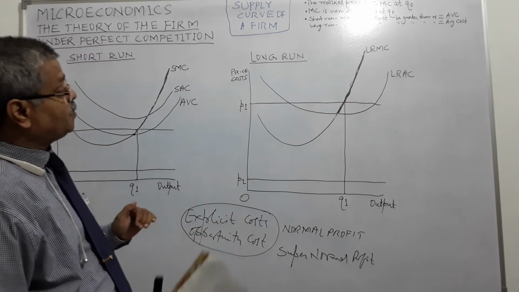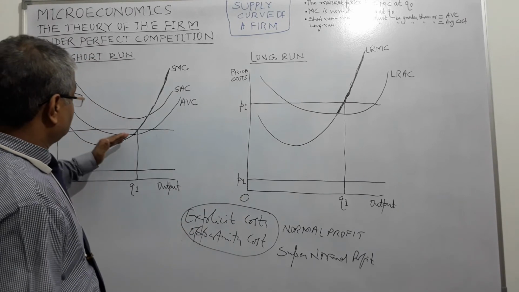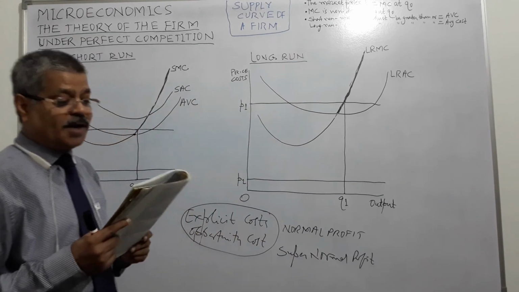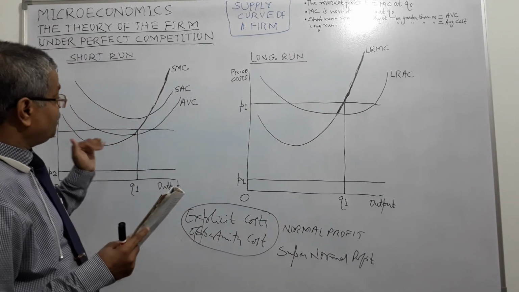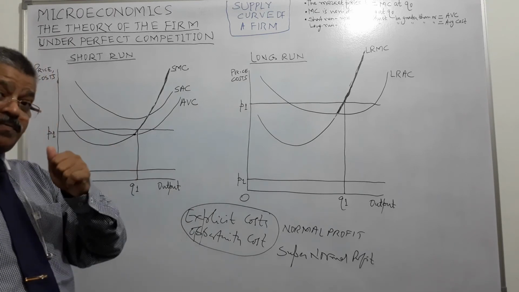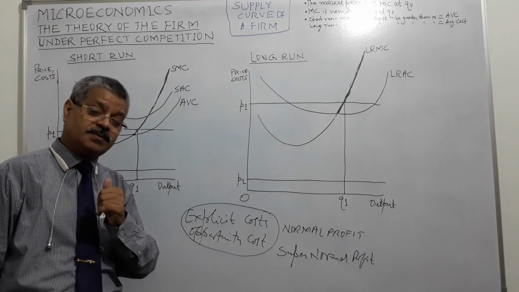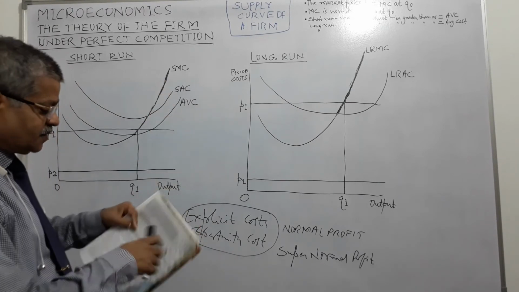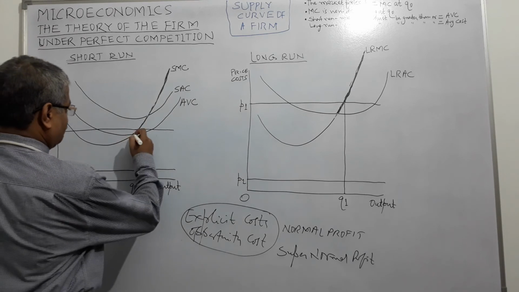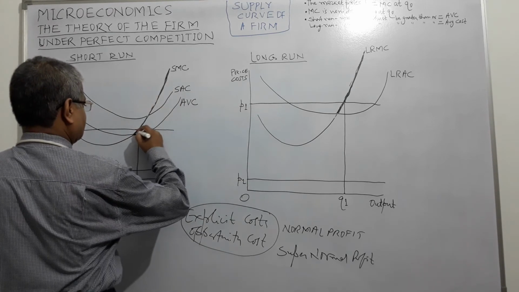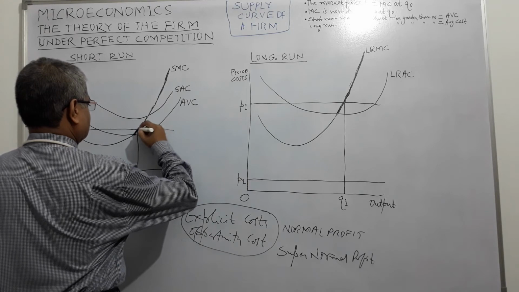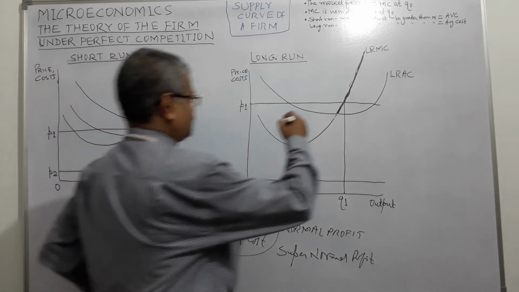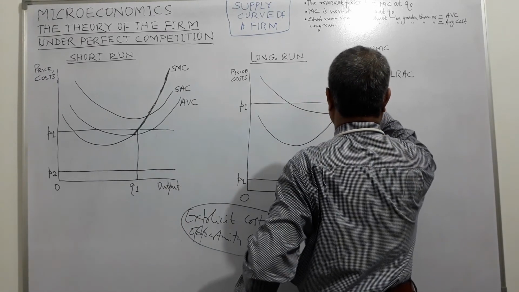The point on the supply curve at which a firm earns normal profit is called break even point, right? This is the short run supply curve, the bold one. This is the long run supply curve.